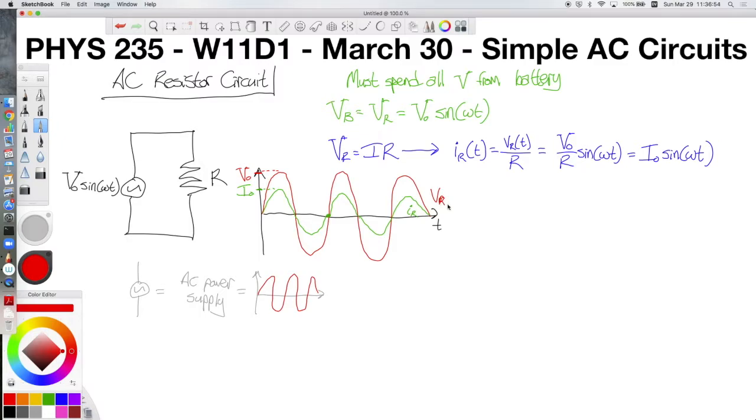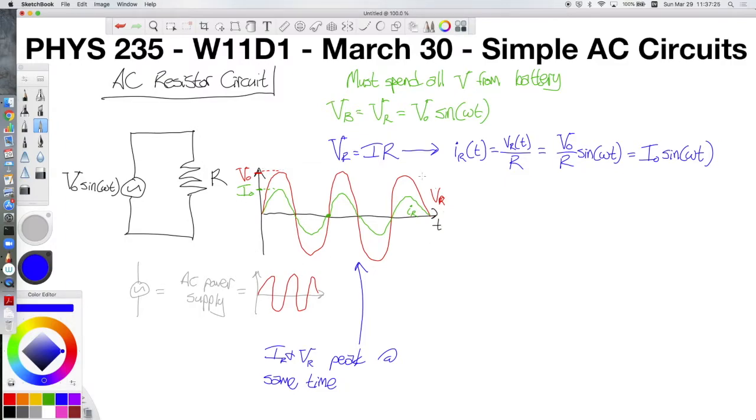One thing I want to note about this diagram is that for a resistor-only AC circuit, the current and the voltage, both through the resistor, peak at the same time. This will turn out not to be the case in the other circuits we consider, but resistors are the simplest circuit elements.